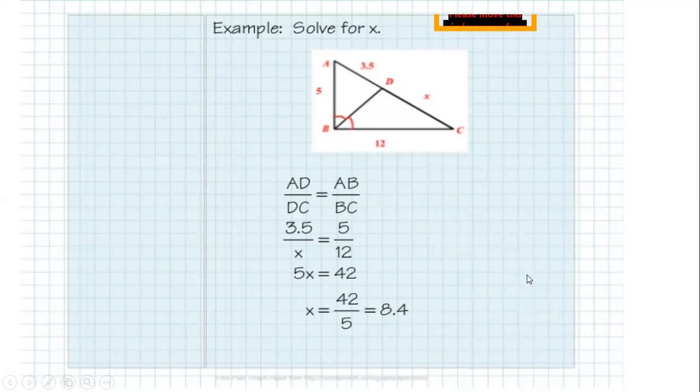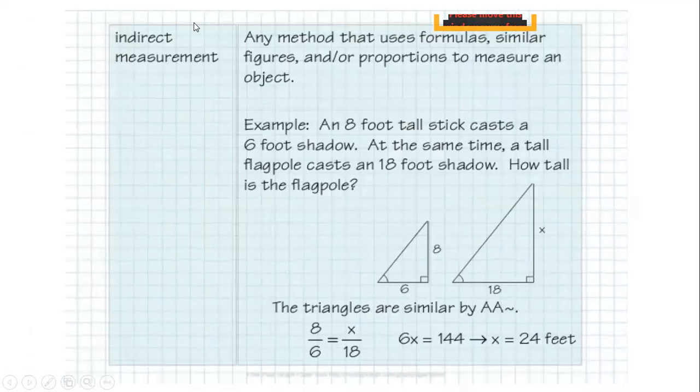Okay. If you look at indirect measurement here, we may not have a parallel line that is dividing the angle, but we are comparing two triangles which have at least two angles that are similar.